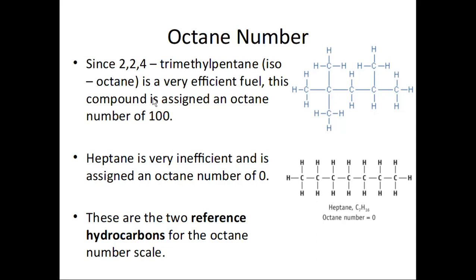So isooctane is very efficient, so it was given an octane number of 100. Heptane is very inefficient and assigned an octane number of 0. These are the two reference hydrocarbons, like the boiling and freezing of water. So these are just for reference. That's where the numbers are coming from.